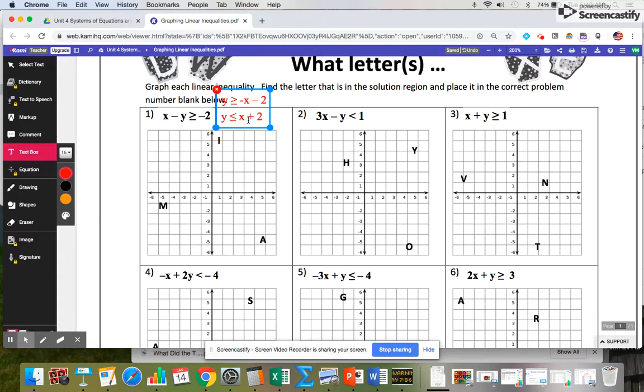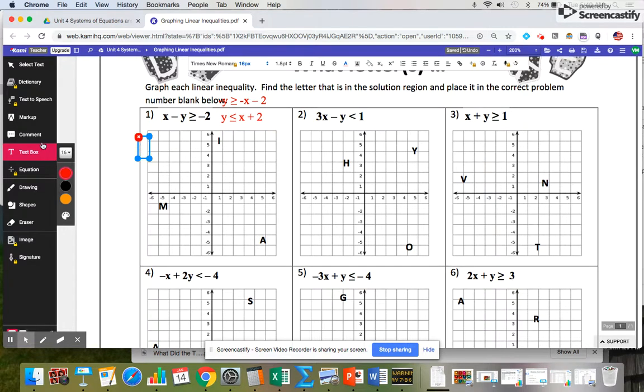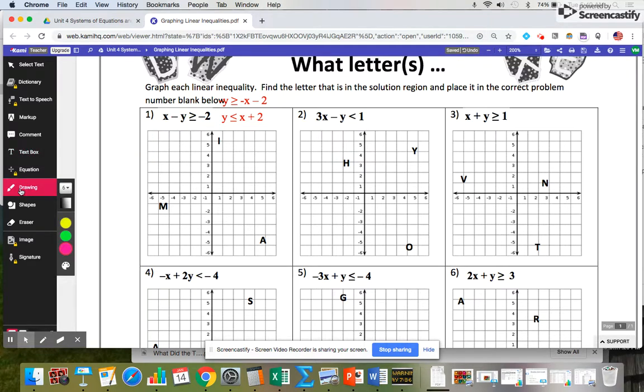Now let's talk about how to graph this inequality. We want to go over here to the drawing tool, and you want to select your color. I'll use the pink that's there. And notice I'm on stroke thickness of 6. The reason for that is when I want to place my y-intercept of 2, I don't want to have to wiggle to make a circle. I just want to click, and it's going to be a nice dot.